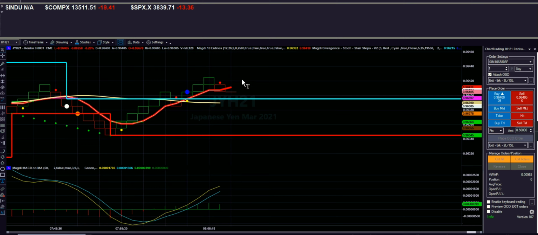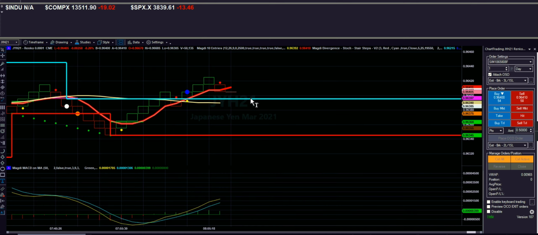I know I may miss some kind of profit here, but I'm not convinced yet. Because I'll tell you why. Because the moving average 25 is close to cross or touch that support line, resistance line.